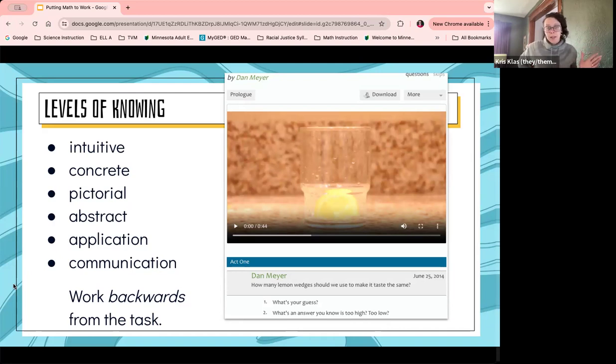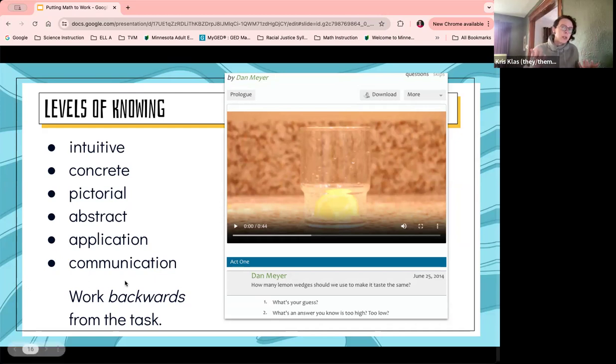Then he asks, what if I wanted to make this other size taste the same, but it's a larger amount? So the students have to scale up. We watched how many lemon wedges were going in, how much sugar, how much water. The nice thing about this Dan Meyer lesson is that it also comes with all these questions for students to think about, to again scaffold their thinking about how they're figuring that out.